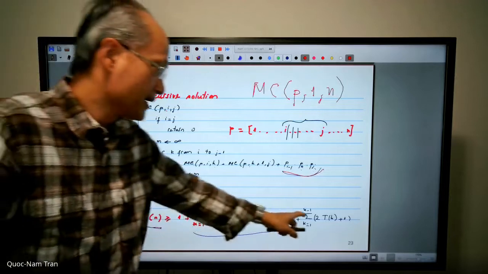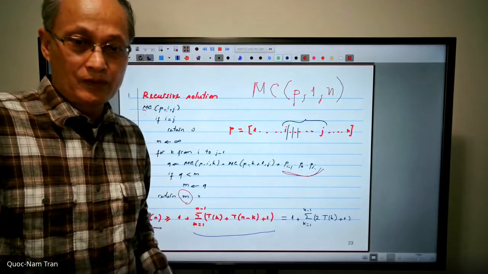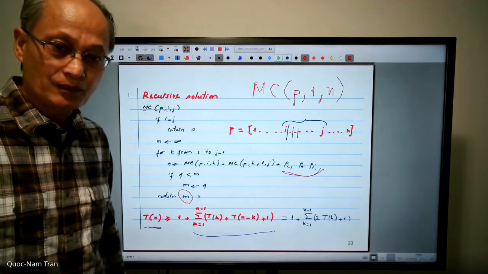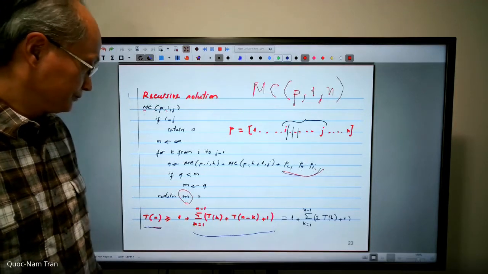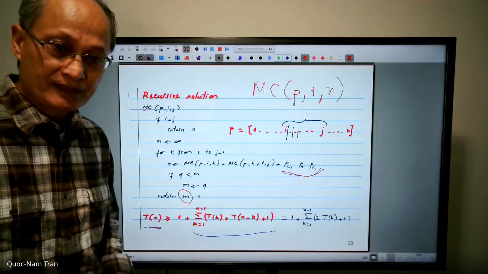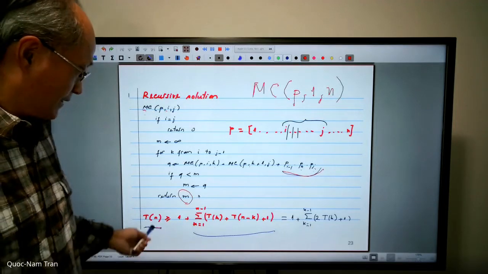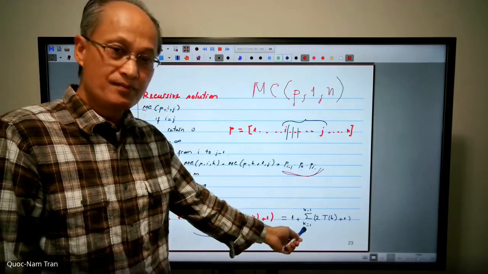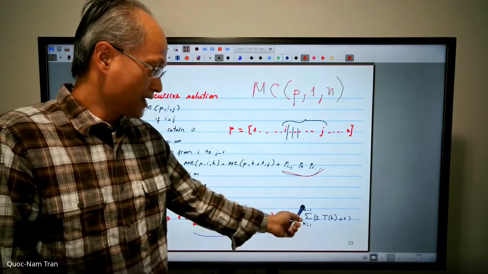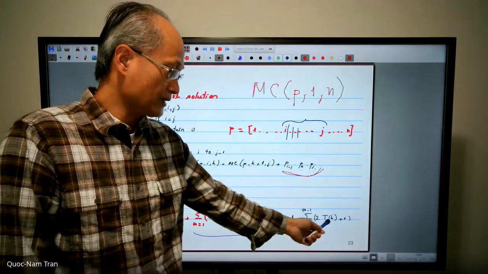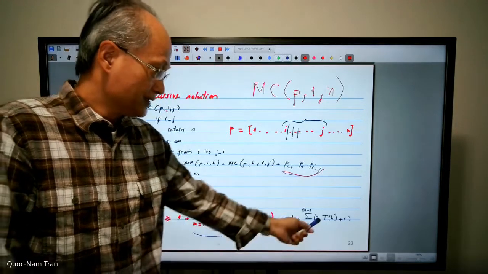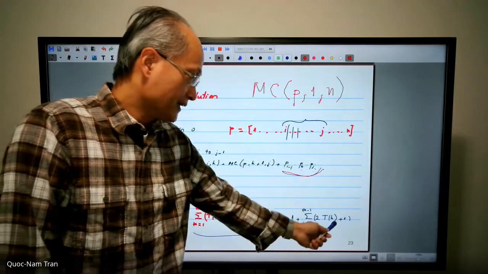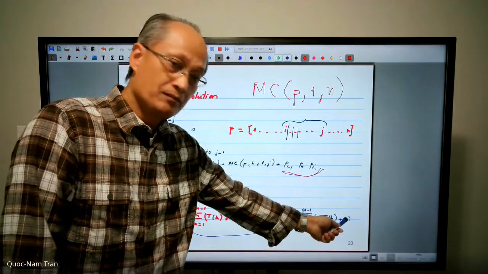What did we do when we analyzed the average case of quicksort? We have Tn is 1 plus the sum from 1 to n minus 1 of 2 times Tk. We can bring the 2 out, and the 1 here will be big O(n).